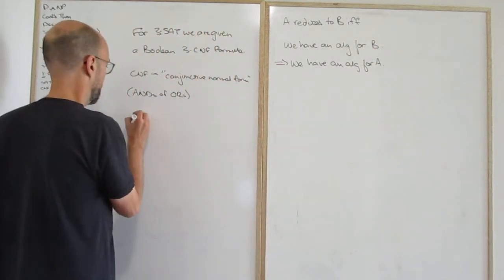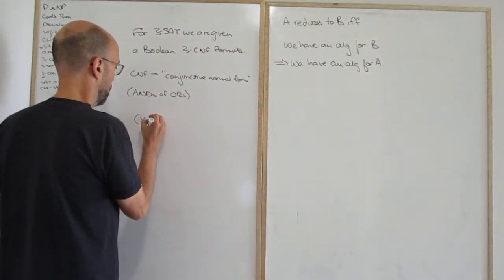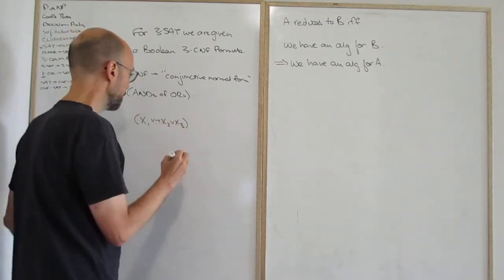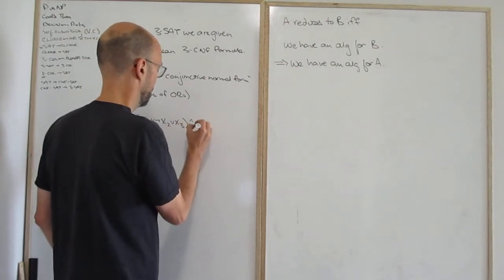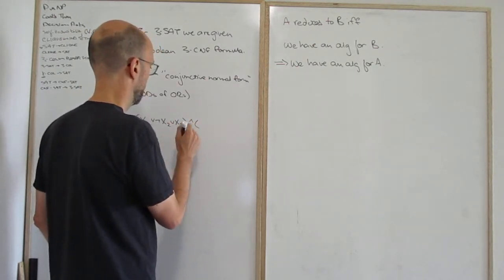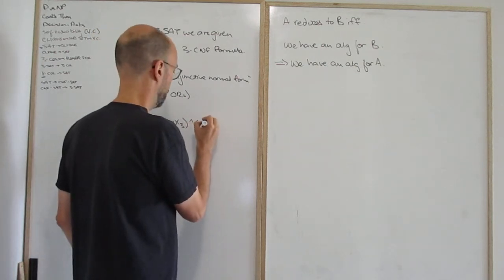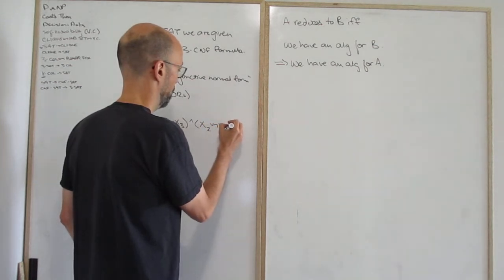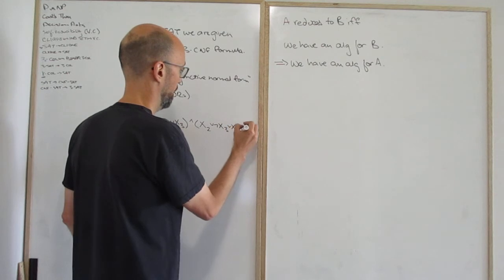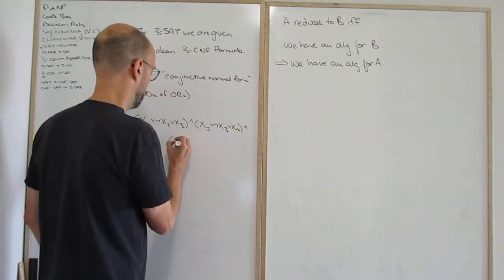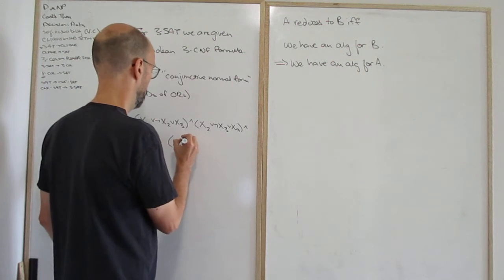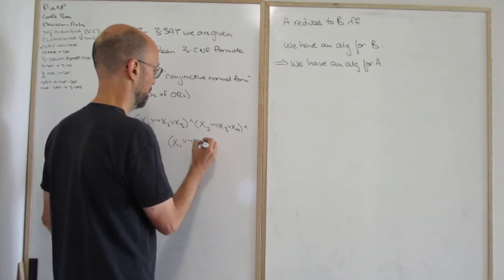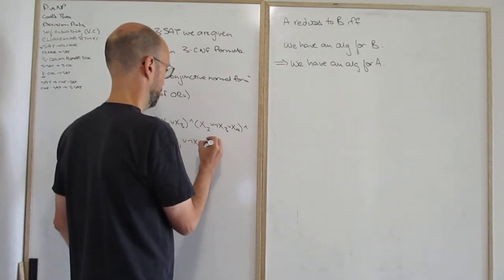So it's something like x1 or not x2 or x3, and x2 or not x3 or x4, and x1 or not x3 or not x4.